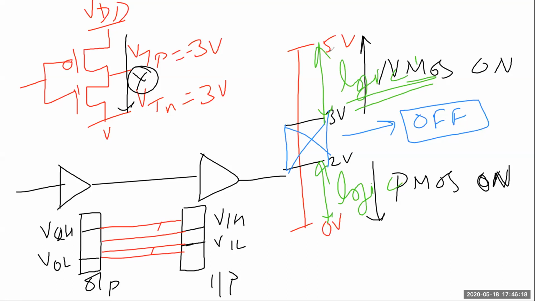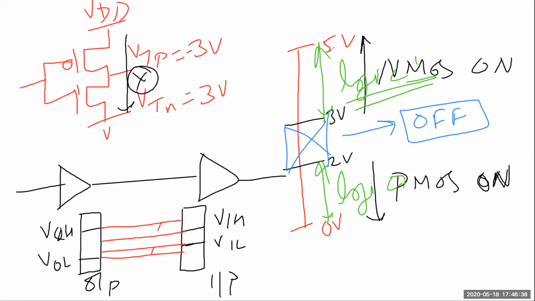And how the output is going to work is that whenever logic 0 is there, then PMOS is on and the PMOS is going to charge. So, Puneet, I think there is an overlap, right? The logic 1 you have shown goes all the way to 2 volt, and then the logic 0 goes all the way to 3 volt.